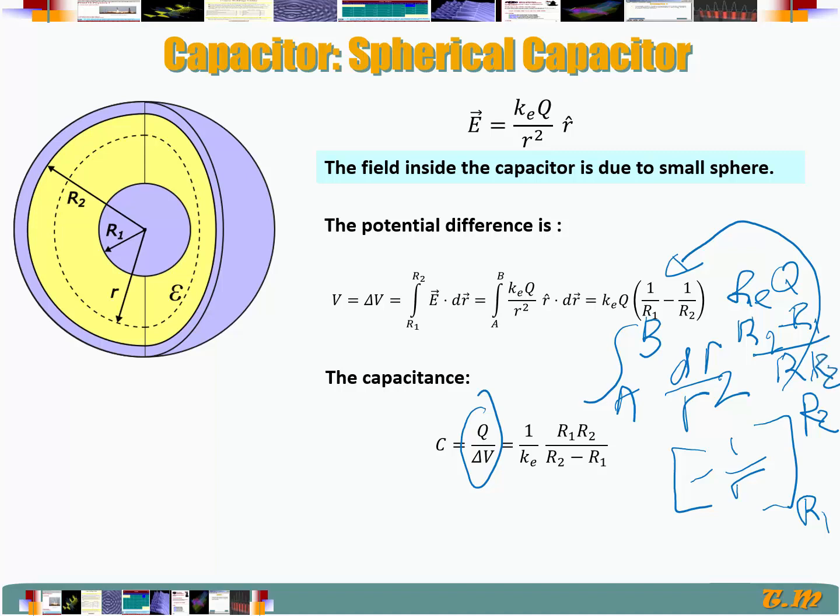So when we use that in this expression here, that gives us that. The Q's cancel out, and we end up with R1 R2 over K, R2 minus R1. That's the capacitance of a spherical shell. Now, of course, remember K_E is 1 over 4 pi epsilon 0.